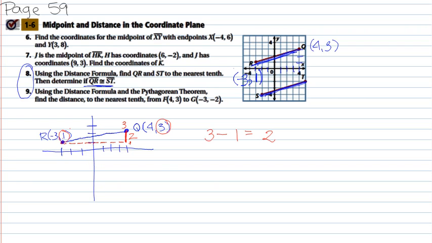Now we need this length right here. So we know that this is at negative 3, and we know that this side is at 4. So from negative 3 to 4, there's 7 spaces. From negative 3 to this y-axis, we go 3, and then 4 more makes 7.